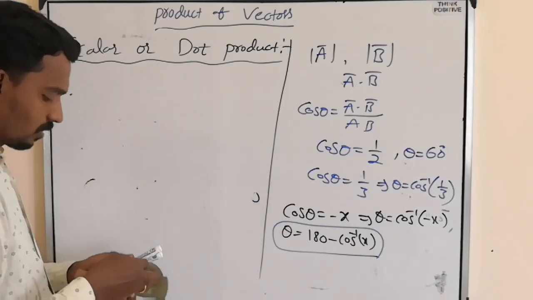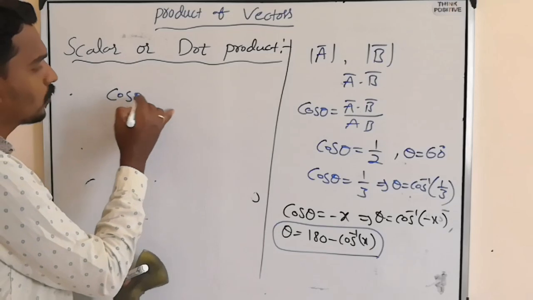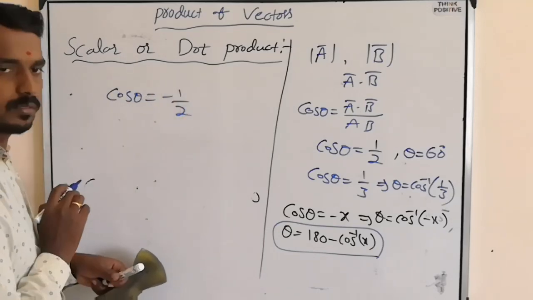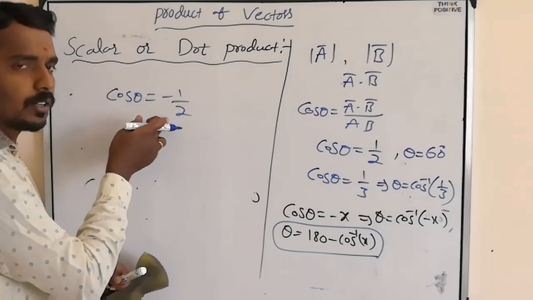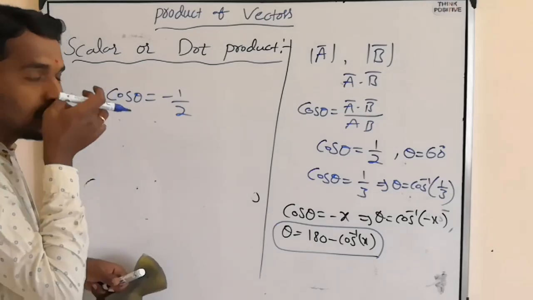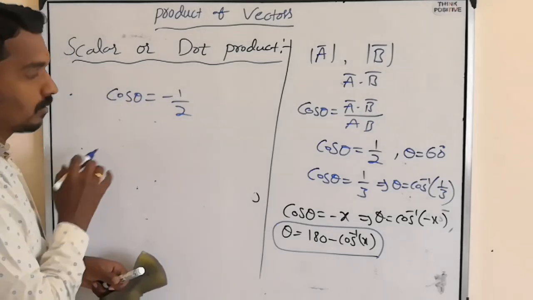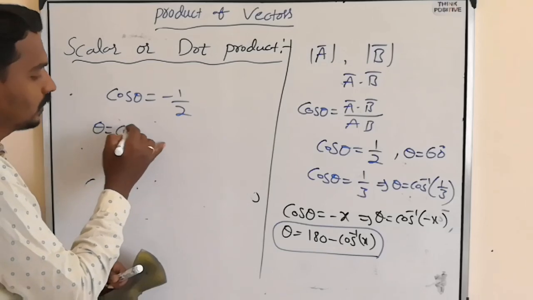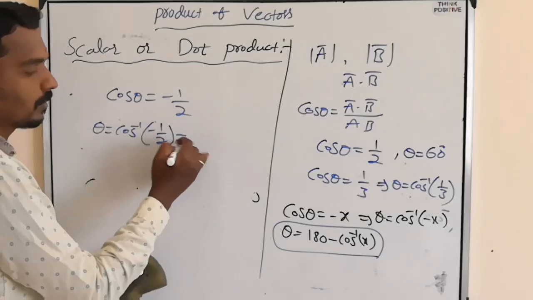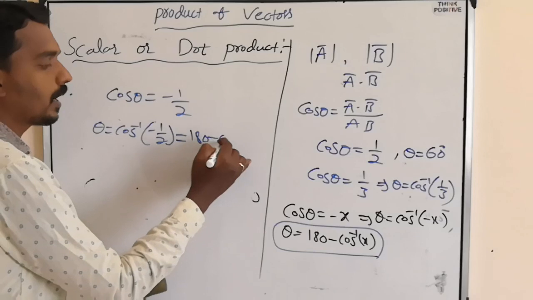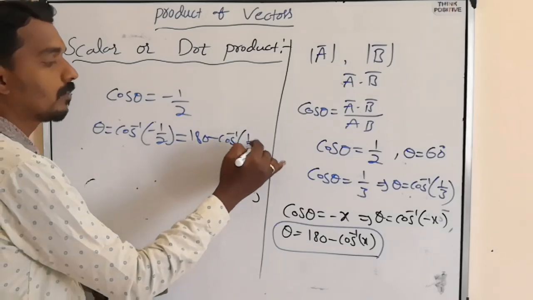For example, cos theta equal to, suppose, minus 1 by 2. Cos theta plus 1 by 2 means theta is 60. But cos theta minus 1 by 2, then theta is cos inverse minus 1 by 2, that is 180 minus cos inverse 1 by 2.